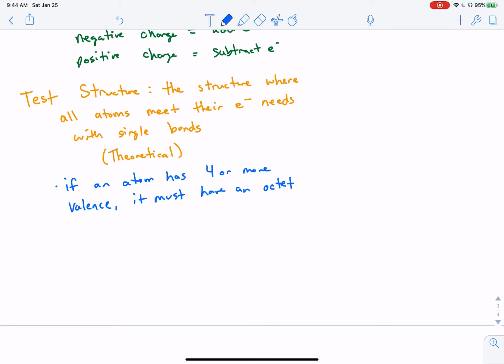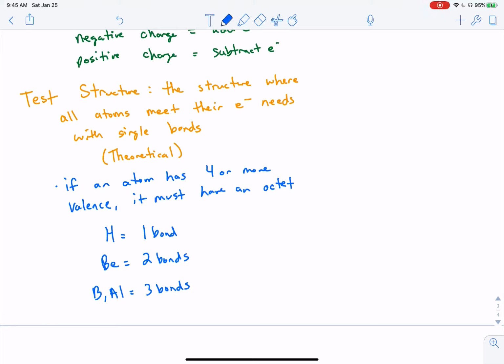If it's less than 4, then you just go with whatever bonds it has. For example, hydrogen has 1, so it should only have 1 bond. Beryllium has 2 electrons, so it only has 2 bonds. Boron and aluminum should only have 3 bonds. So if it has 4 or more valence electrons, make sure it has an octet in your test structure.